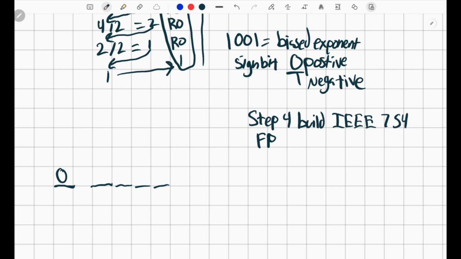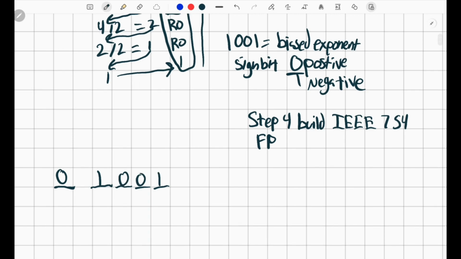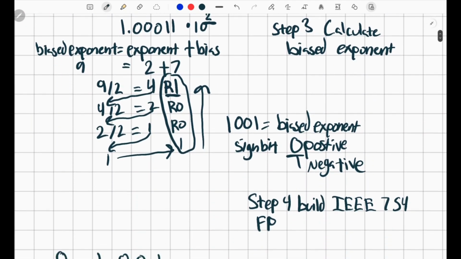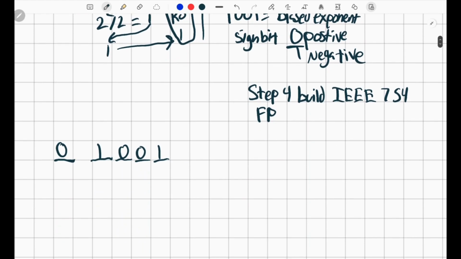And we know the biased exponent is 9, or in binary is going to be equal to 1001 because we found that. And by the way, the problem tells us that the 1-bit sign with the 4-bit biased exponent, and then everything else is going to be the fraction. It's going to be 11 bits. So let me have 11 spots for it. 1, 2, 3, 4, 5, 6, 7, 8, 9, 10, 11.